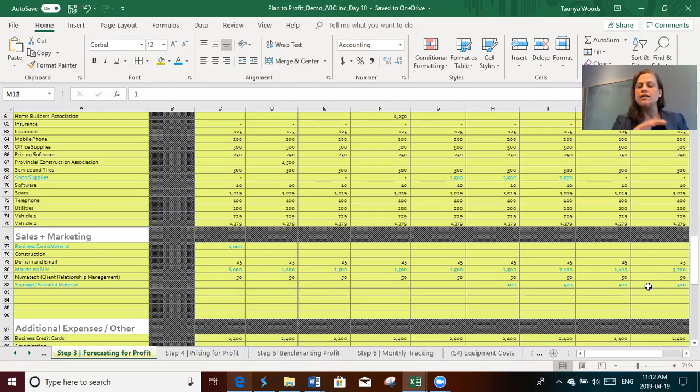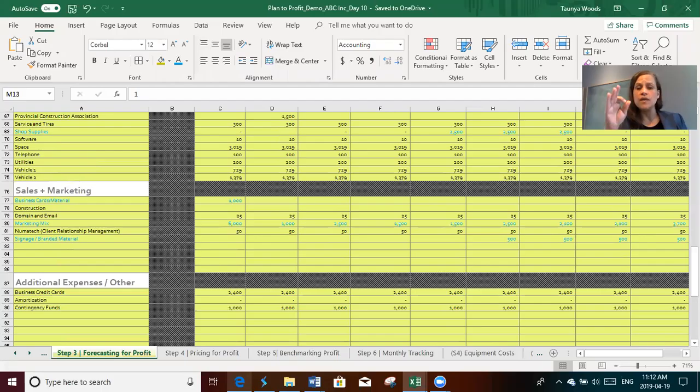When I say signage, you're probably very familiar with when a house is being built, there's usually a big sign on the front yard saying 'proudly constructed by.' For each one of those projects, there's a sign budgeted at $500, not per sign, but for that month for all the projects they have going on. So again, I just made those adjustments.